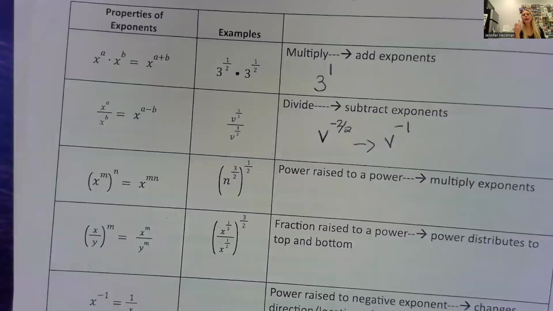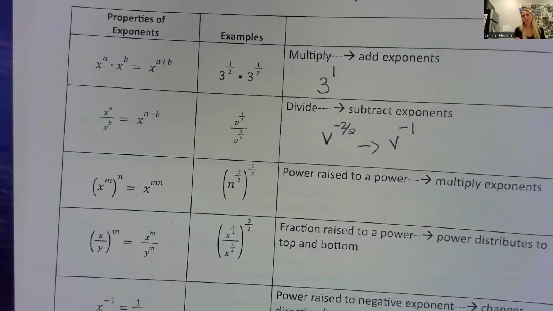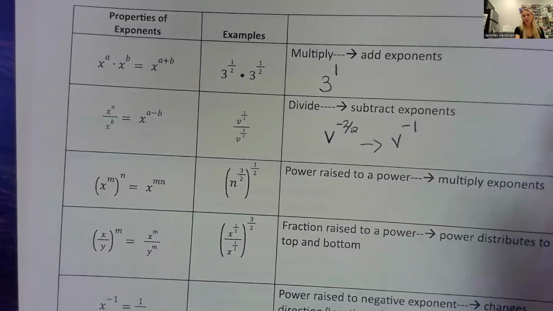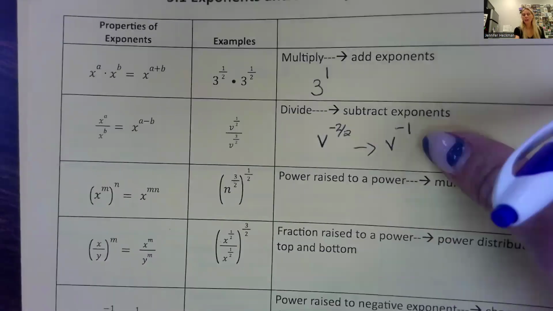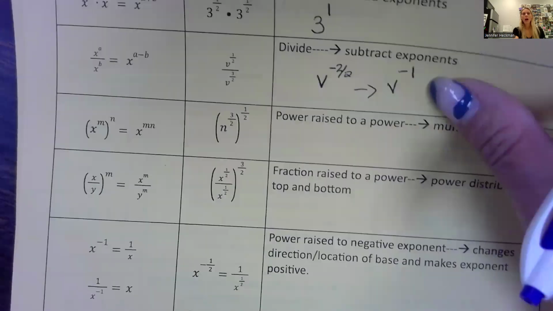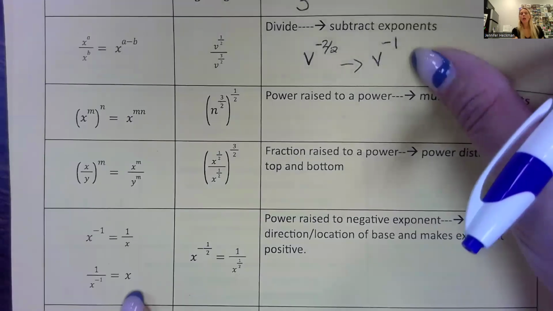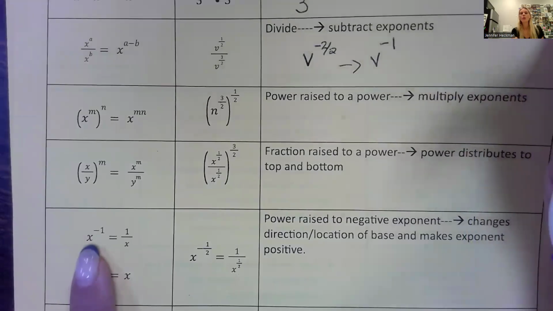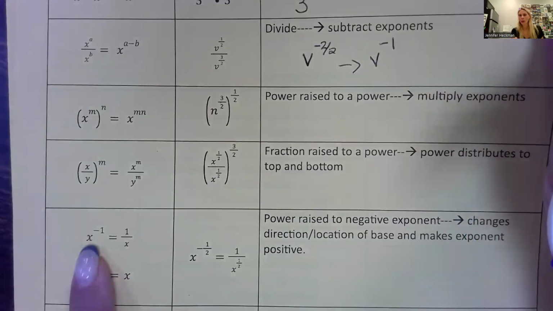Okay. Now, in the long run, though, when we simplify exponents and everything, we need to make sure that we don't have negative exponents. So considering we just got v to the -1, I'm going to skip down here. So when you have a negative exponent, it means that you need to change its location.